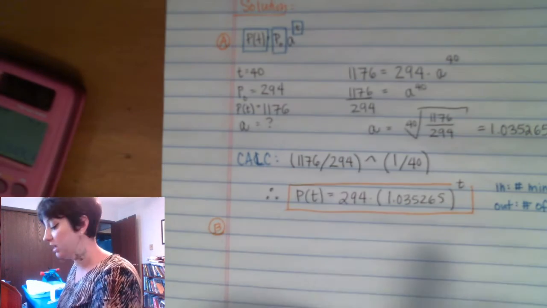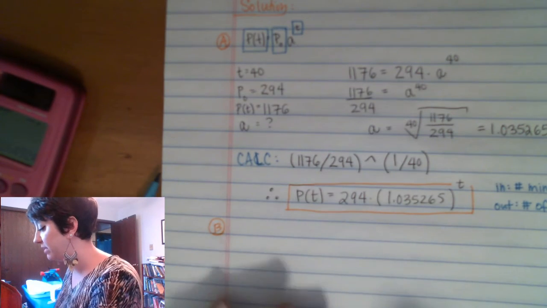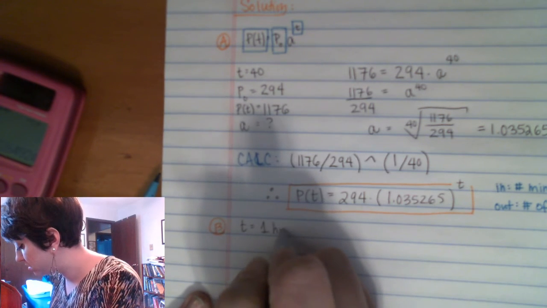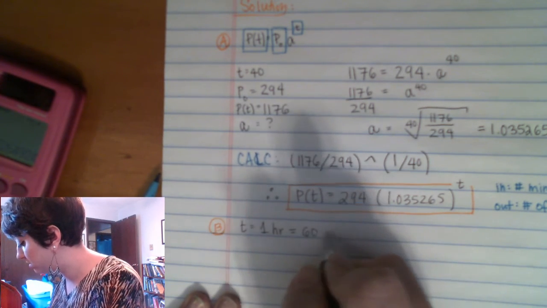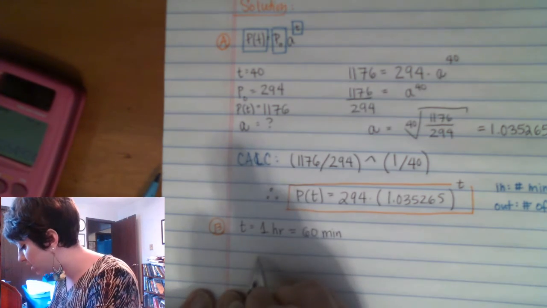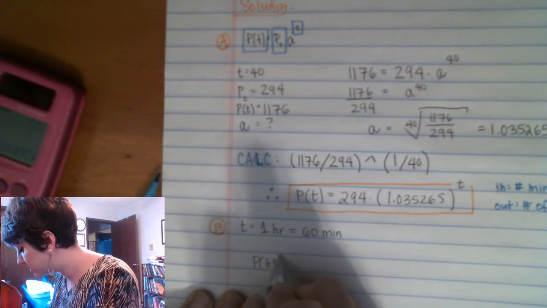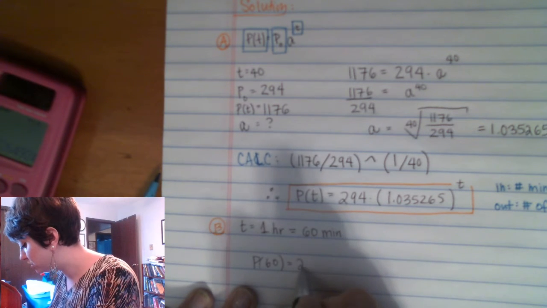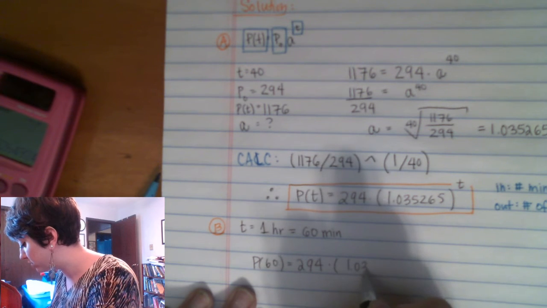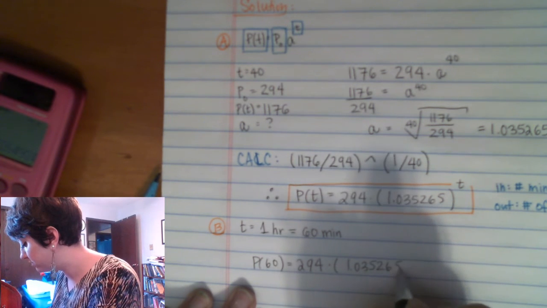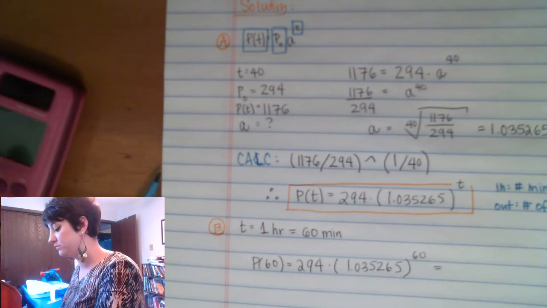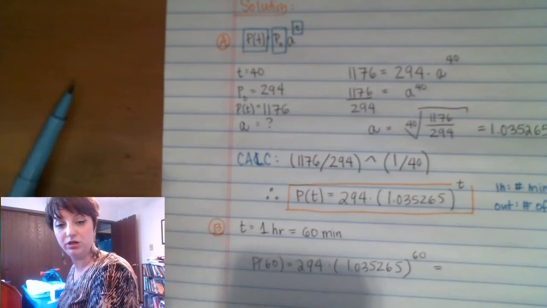So on B, when you're asked how many bacteria after 1 hour, that's not 1, but 60 minutes. So we actually want P at 60, which is 294 times 1.035265 raised to the 60th power. And that you can enter exactly like it looks.